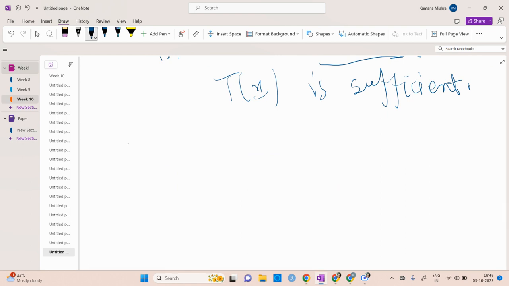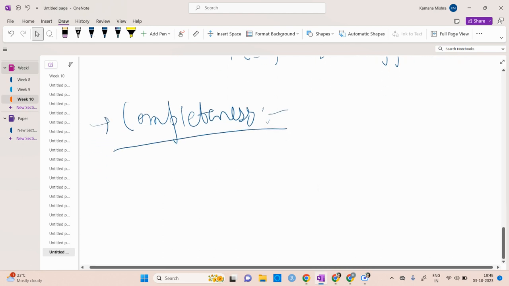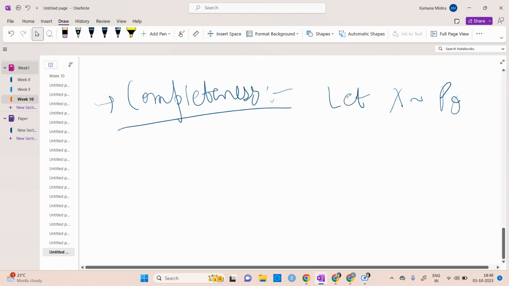Now the next thing is completeness, right? So completeness is that let X be coming from a population with parameter theta.